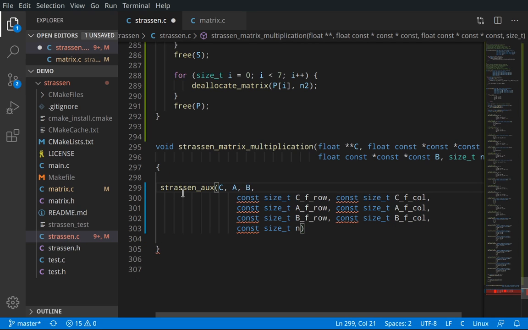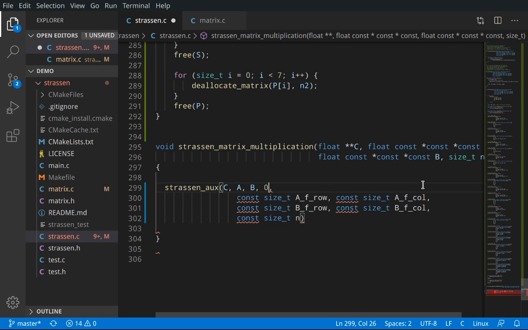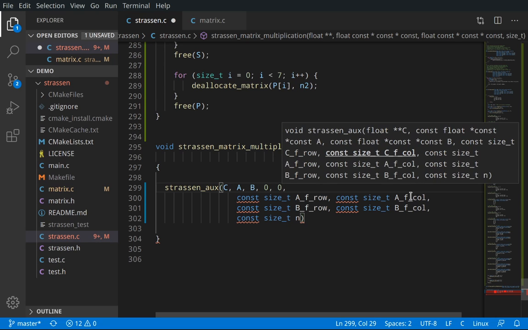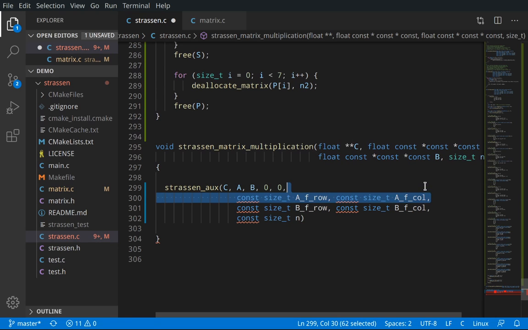So we want to multiply A by B, and we want to place the result in C. Since this is the very first call, we want to deal with the whole matrices.